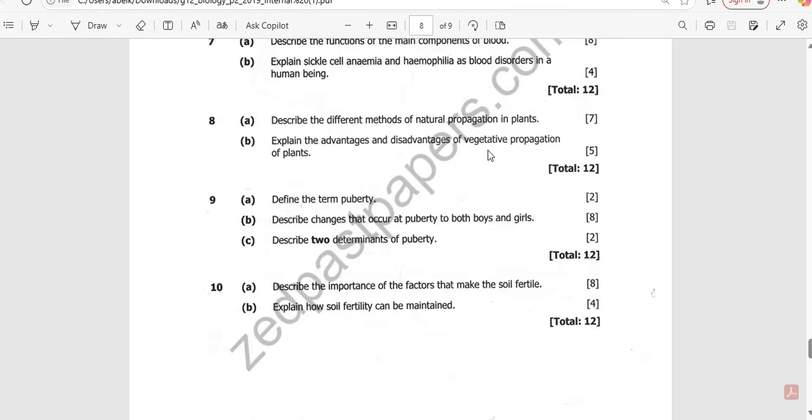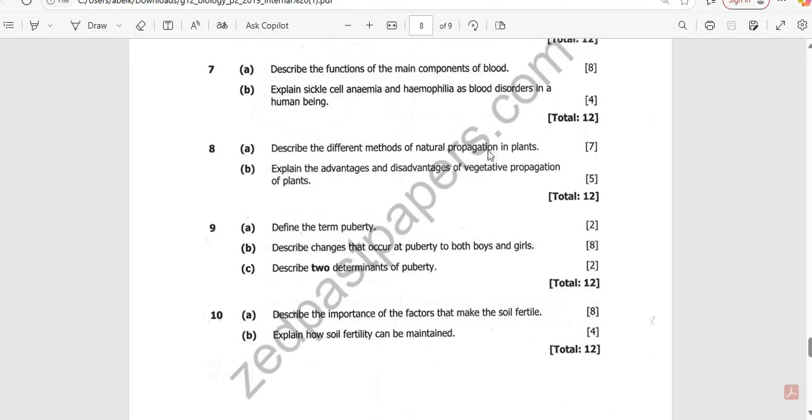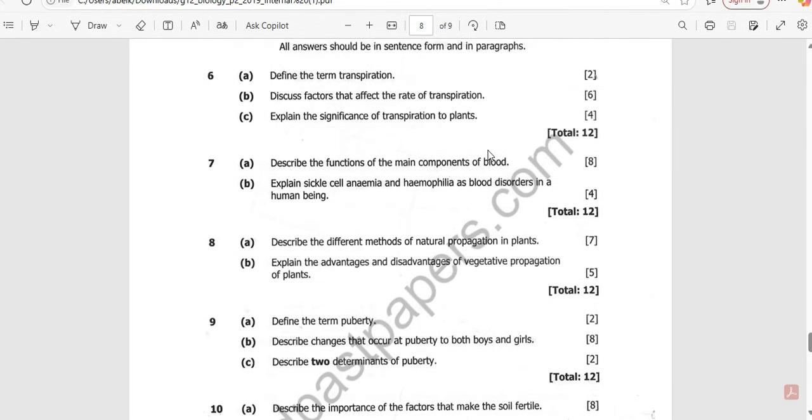Whenever you're picking the question to answer, the first thing is that we need to look at which topics you are familiar with.